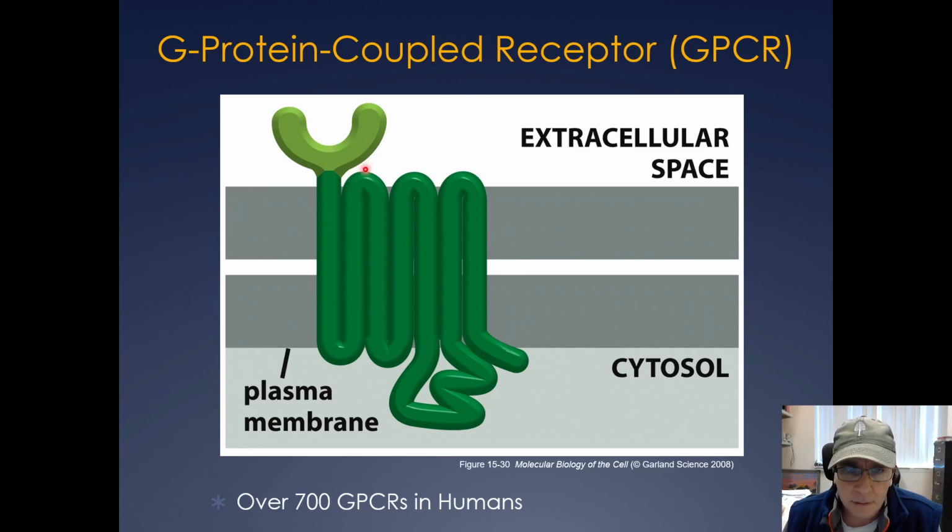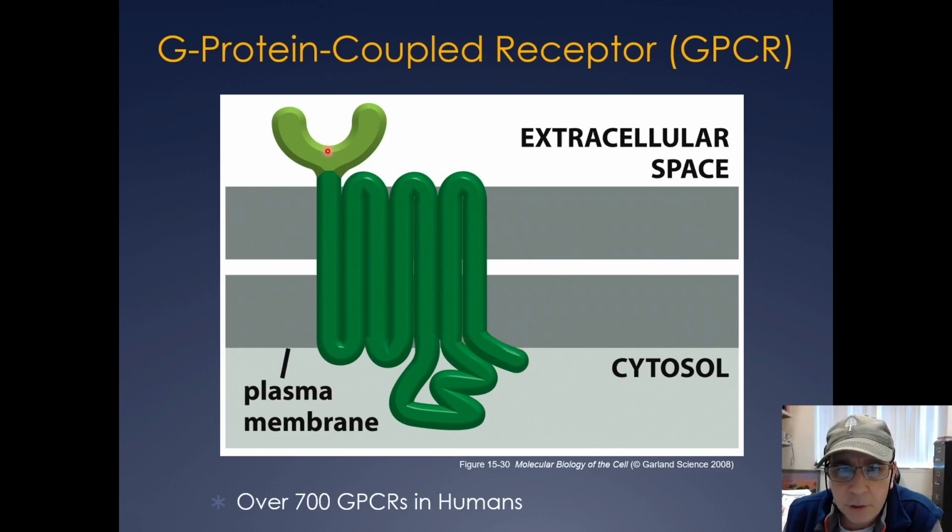They have a ligand binding domain on the extracellular space, and then they have 7 transmembrane spanning domains. And these actually signal through the G proteins, the G alpha, beta, and gamma. And there's over 700 G protein coupled receptors in humans.